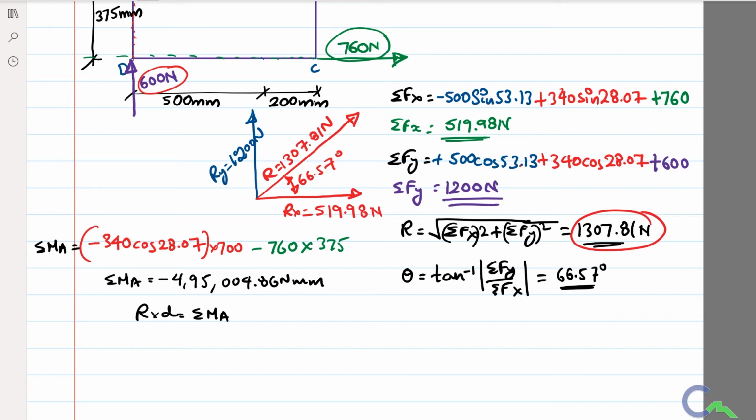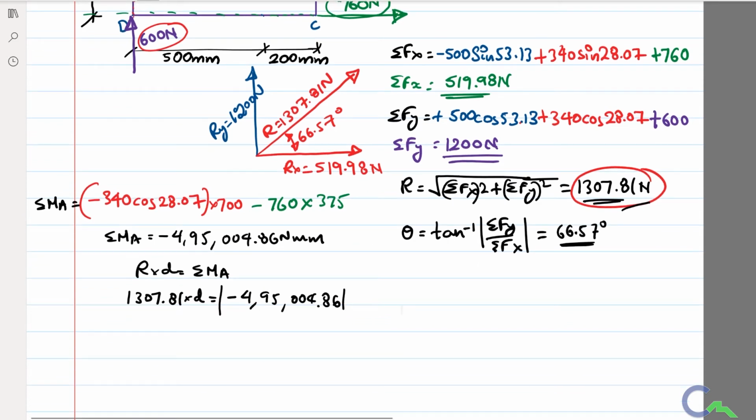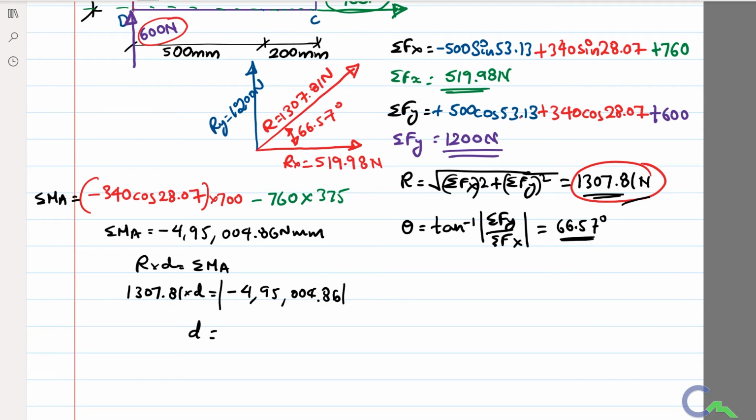Now I can apply Varignon's theorem, that is R into D is equal to sigma MA. So we got R value, that is here 1307.81, D is equal to minus 4,95,004.86. I have to take this as mod. D we will get 378.49 millimeter.